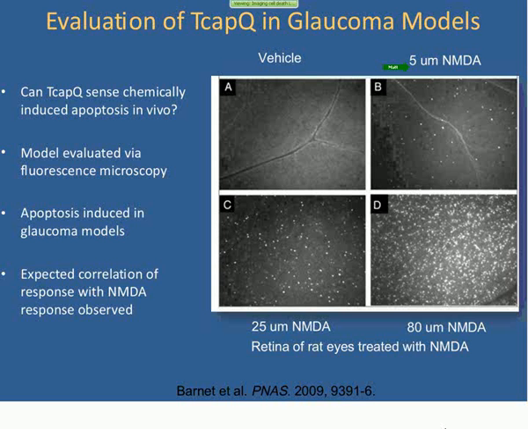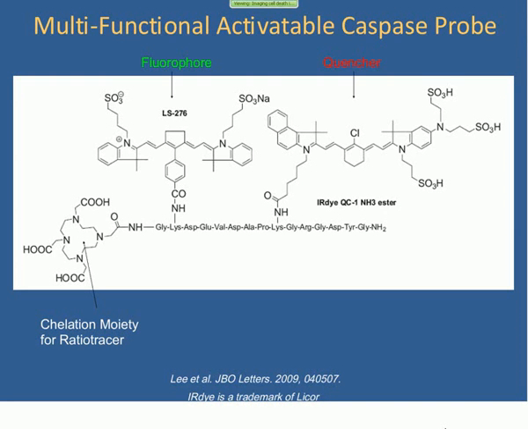When we use a DTCAP-Q, meaning the scrambled recognition sequence, there was no activation noted, and of course in the standard control there was also nothing. These fluorescence uptake values correlate with the TUNEL score gathered during histology, and you can see that with increasing amounts of fluorescent signal, there were increasing amounts of apoptosis noted.